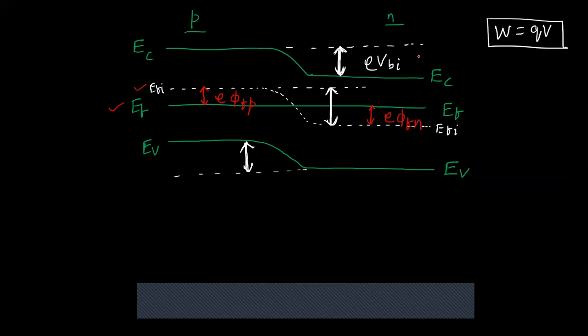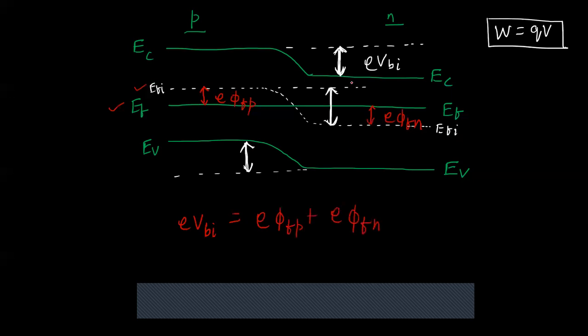So I can write EVBI. Finally, EVBI gives you the total energy needed for the electron to move from the N region to the P region. That can be written as E times phi Fp plus E times phi Fn.